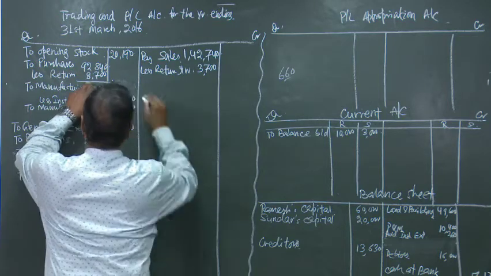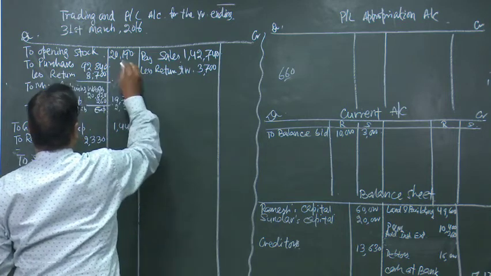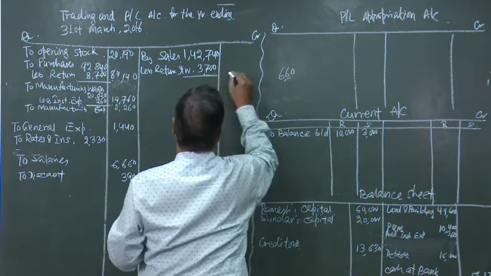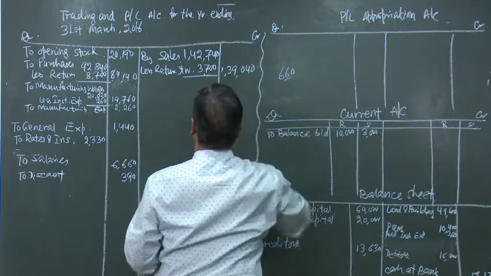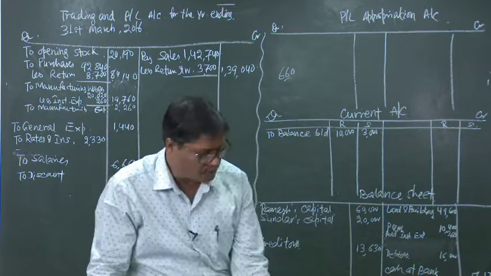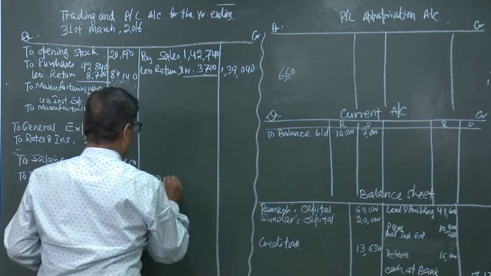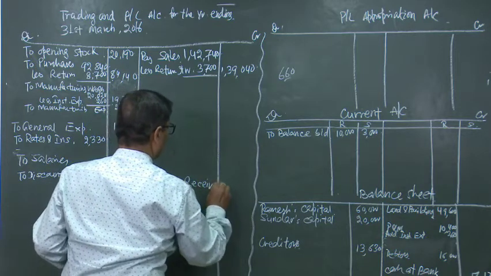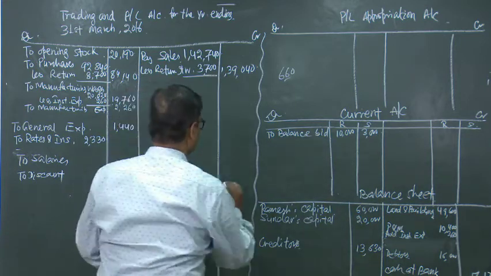So, it is coming to 1,39,040. Discount received 270, by discount received 270.